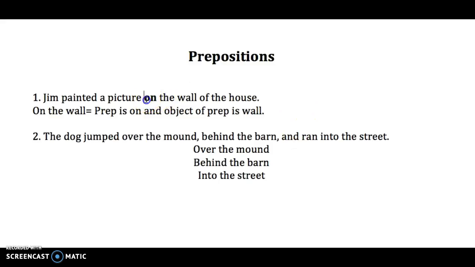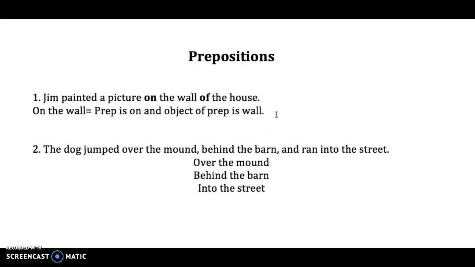So we said on the wall, but what about of the house? Is that a prepositional phrase? Well, from our list, we saw that of is actually a preposition, and of the house is telling us where the picture was painted. So of the house is another prepositional phrase. The preposition we said was of.